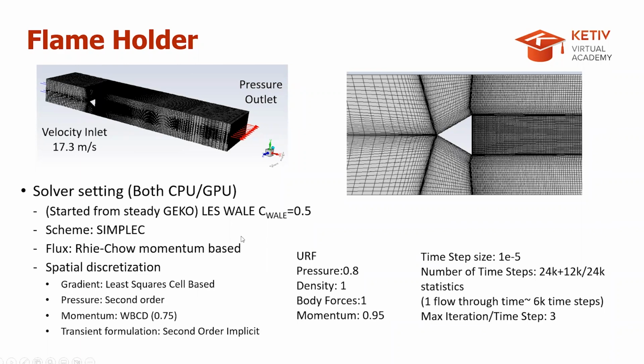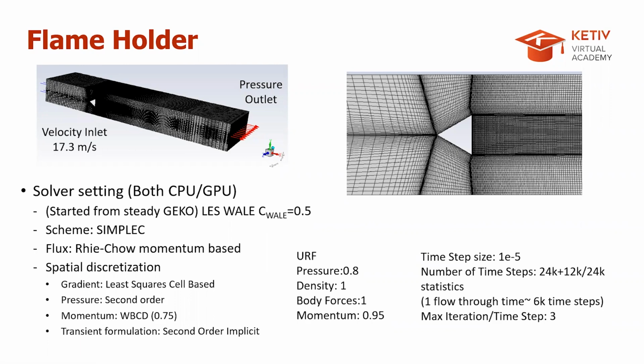The reason why this is a little bit more complicated than the previous two validation cases is because we are using a fully LES mode of solving for the turbulence over here. We are using a SIMPLE scheme for doing this simulation. We started with the steady state case, and then it switches to a transient case after we get to a reasonable solution. Some other settings are mentioned here on the slide.